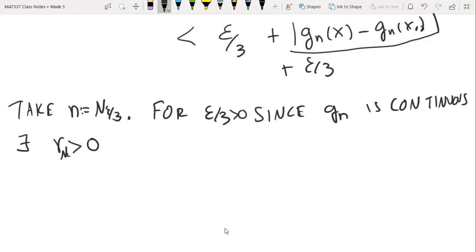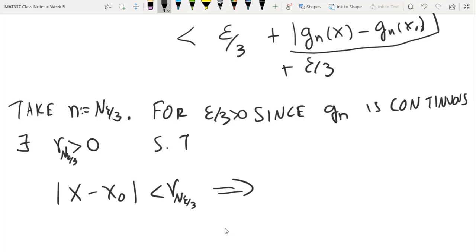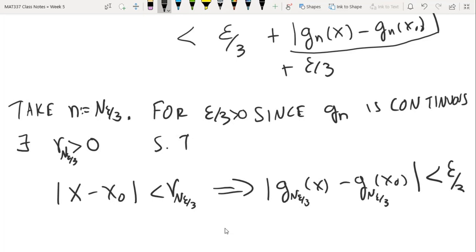So call it n epsilon over 3, such that |x minus x naught| less than this R gives |g_N(x) minus g_N(x naught)| less than epsilon over 3.